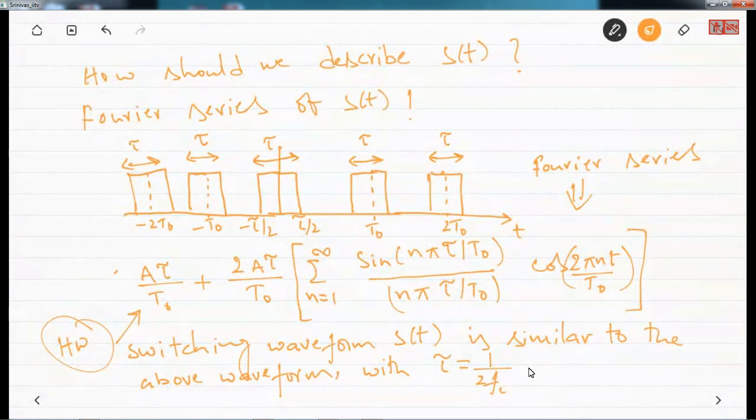Sorry, I haven't mentioned what A is. The amplitude is A here, right? This A is the amplitude of these pulses, tau is this duration, t naught is this duration, right?